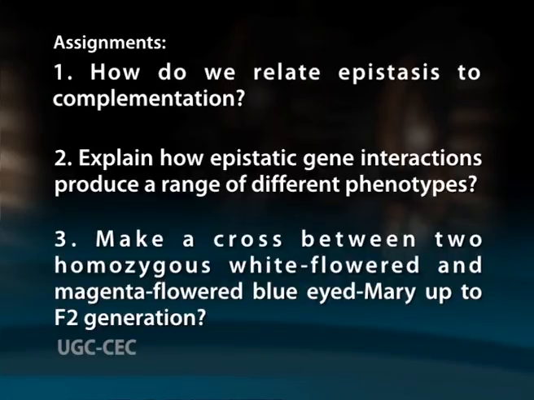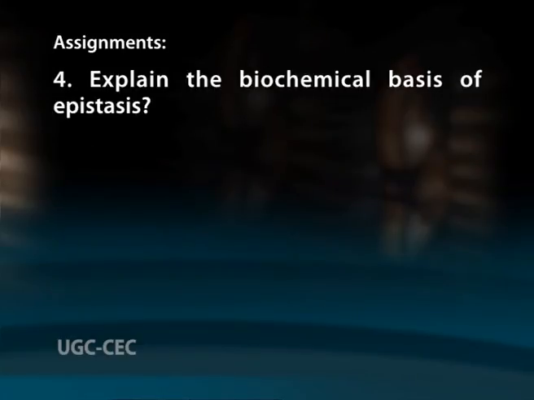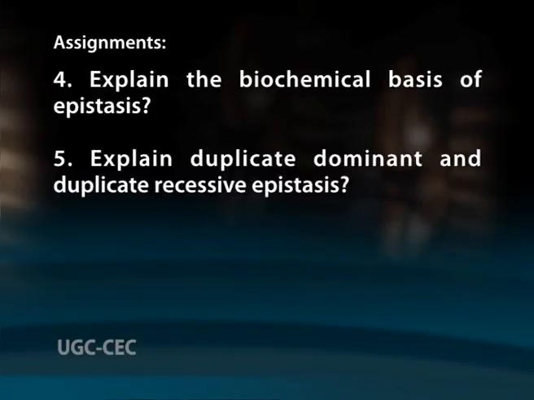Make a cross between two homozygous white flowered and magenta flowered blue eyed Mary up to F2 generation. 4. Explain the biochemical basis of epistasis. 5. Explain duplicate dominant and duplicate recessive epistasis.